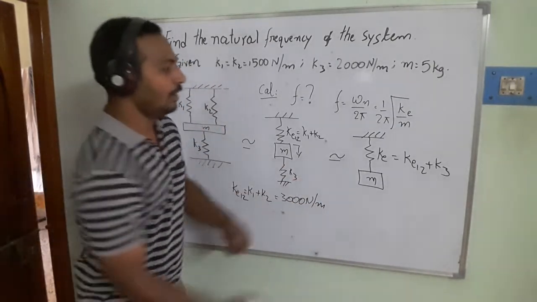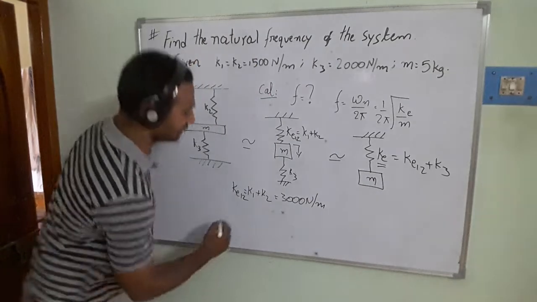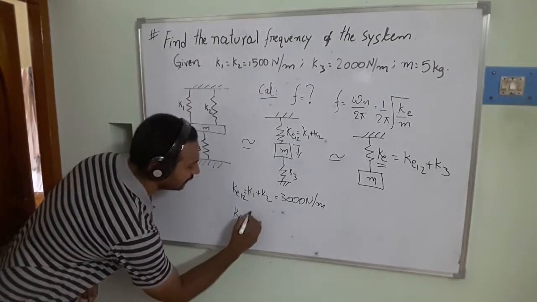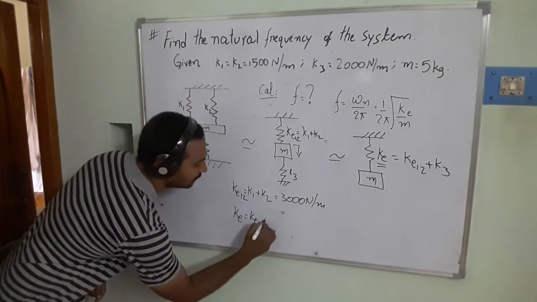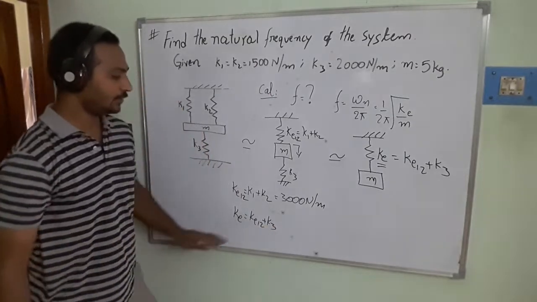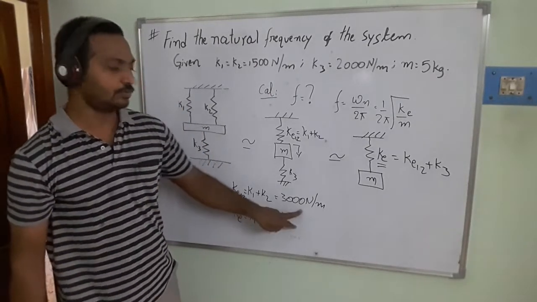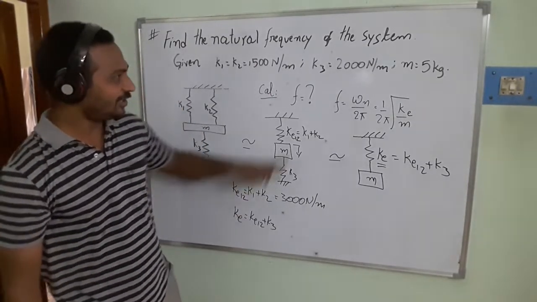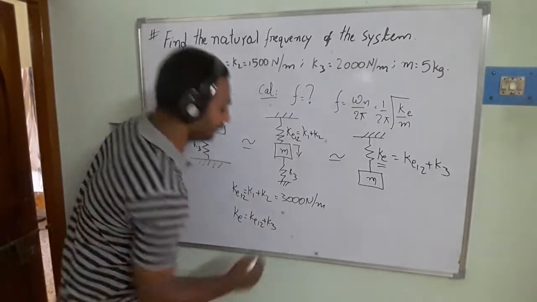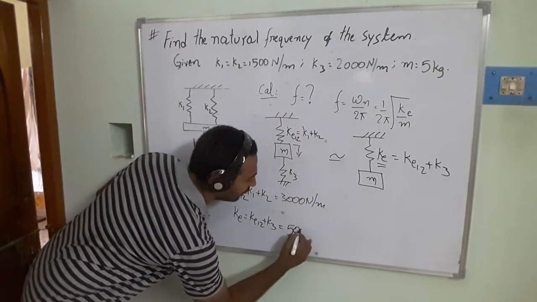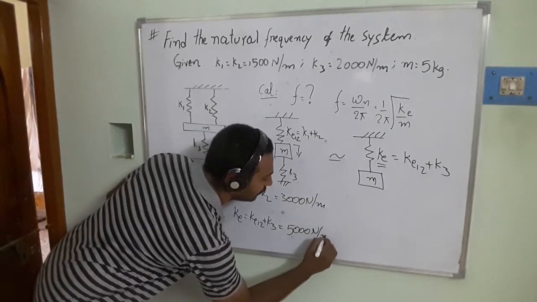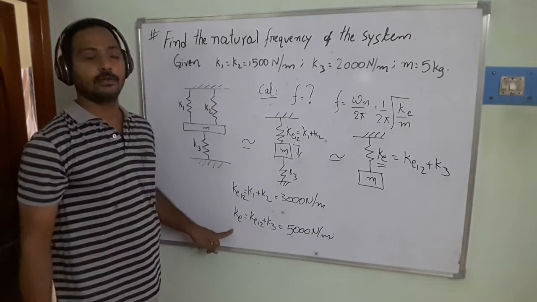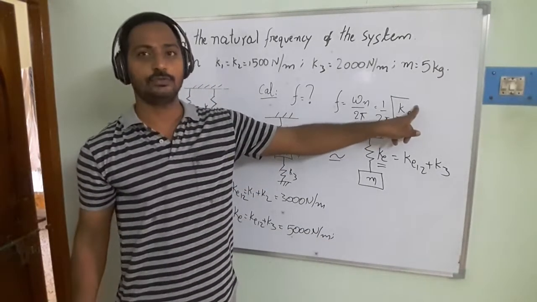And similarly, we need to calculate the equivalent spring constant. KE is equal to KE12 plus K3. KE12 is equal to 3000 Newton per meter and K3 is equal to 2000 Newton per meter. Then totally it is 5000 Newton per meter. We got it. Right?